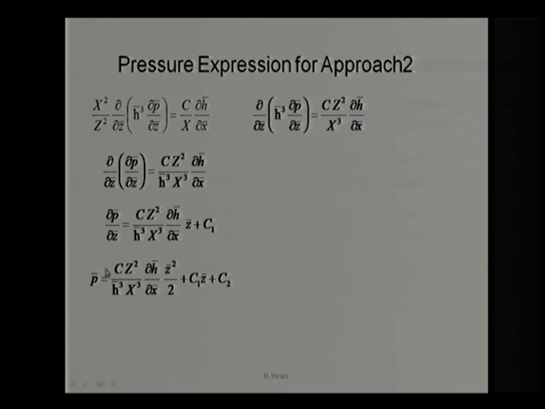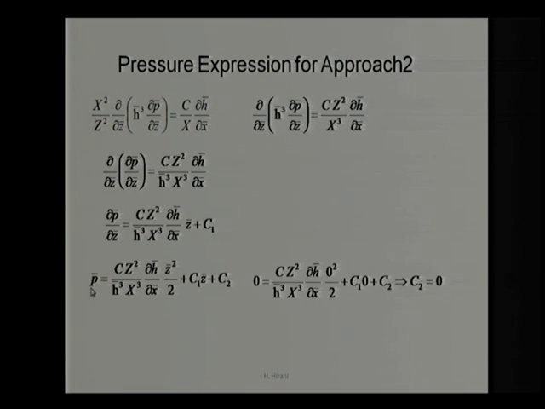To get the pressure expression, we require the value of C1 and the value of C2, which are integration constants. And of course, for the overall pressure distribution, we require geometry, the taper angle, and all other necessary dimensions which are listed over here and expressed in this expression.